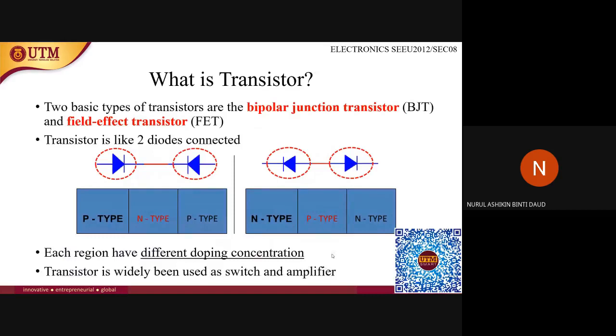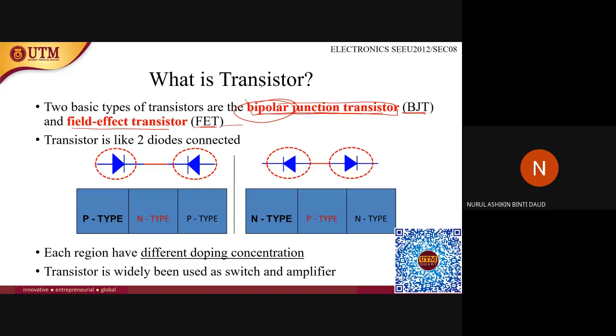So what is a transistor actually? There are two types of transistor: the bipolar junction transistor, known as BJT, and the field effect transistor, which is FET. We're going to learn FET later. First of all, we're going to learn about the bipolar junction transistor. The word bipolar is also famous from the mental illness, bipolar characters, right?